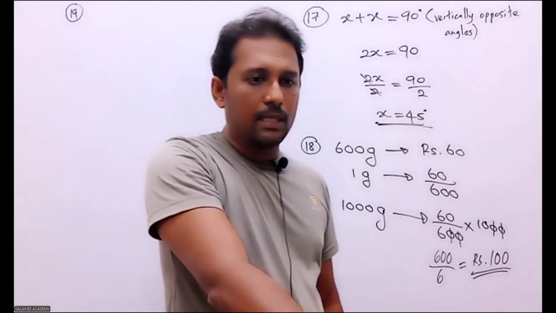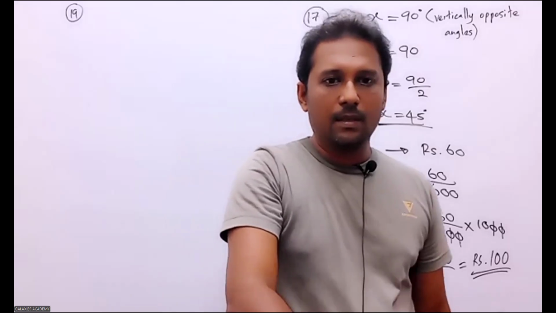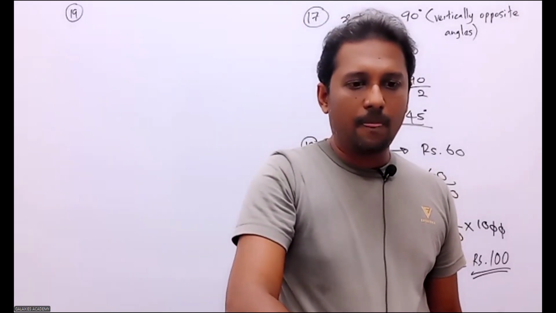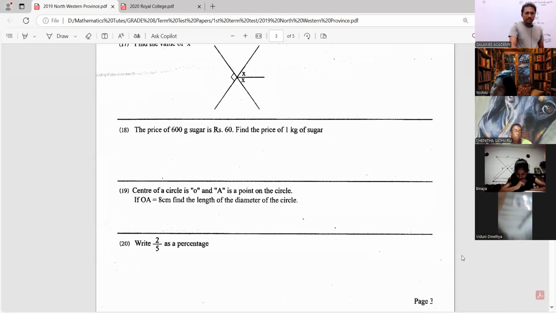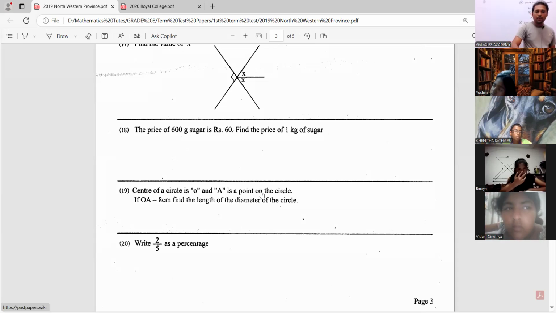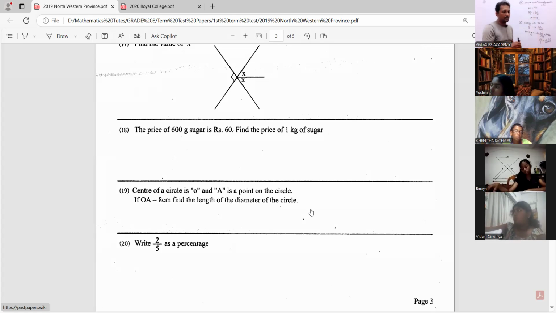Then let's go to the 19th question. Question number 19: the center of a circle is O and capital A is a point on the circle. If OA equals 8 centimeters, find the length of the diameter of the circle.